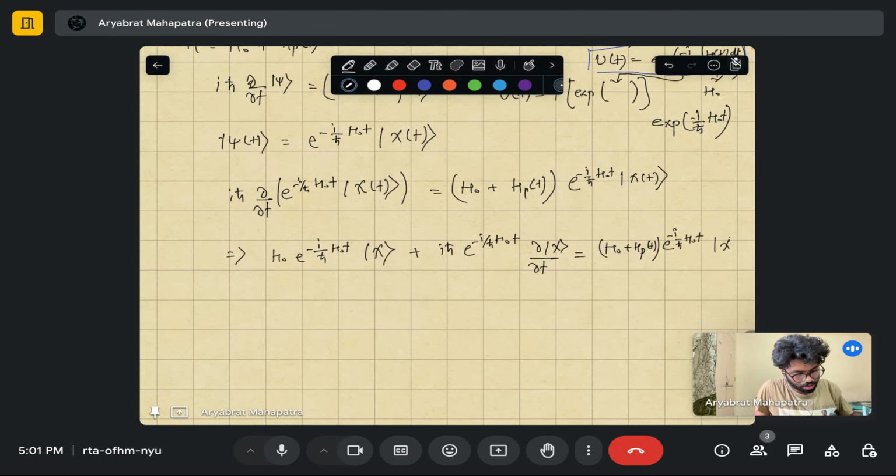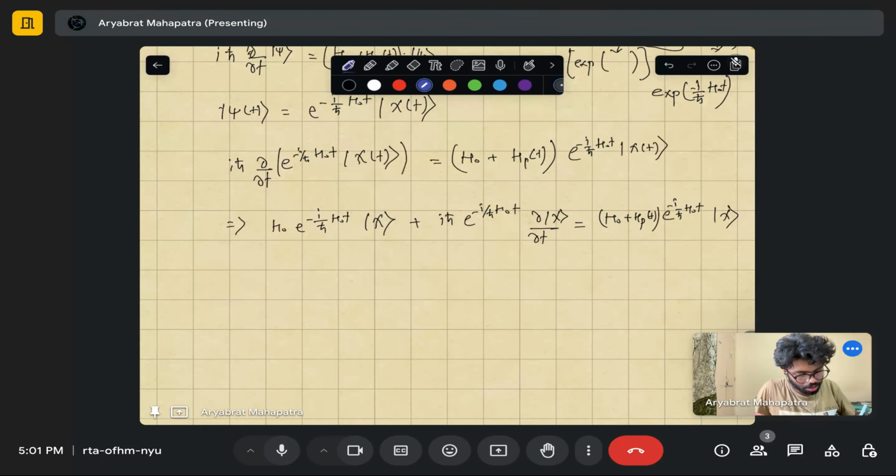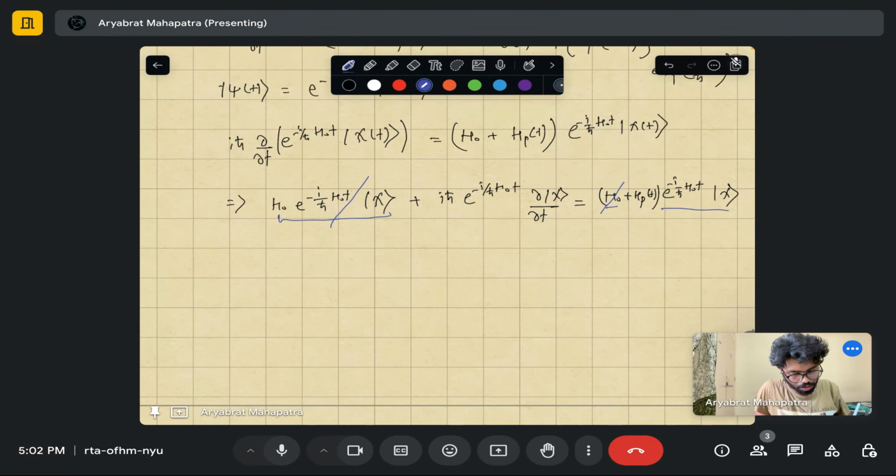So you can see this first term and this thing will cancel out. So I can cancel this and this part. Then you are left with only this: i h bar minus i h bar H naught t, del chi del t, that is equal to H_P(t) minus i h bar H naught t chi.